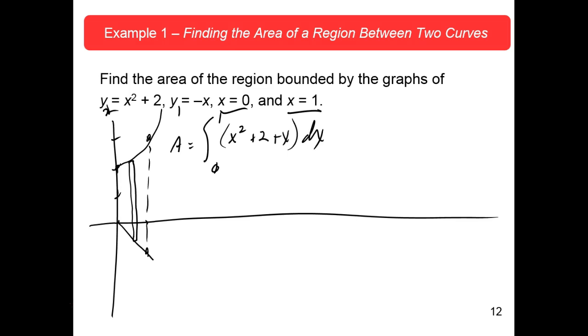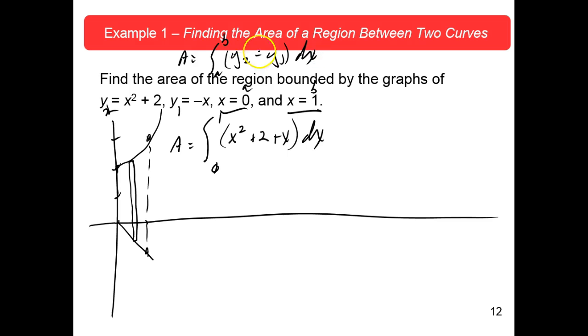I probably should have written this down. Area is equal to, I changed this to y2 minus y1, and that would be the integral from, let's change this to a and that to b. Integral from a to b, that's where the 0 and 1 comes from, of y2 minus y1 times dx.